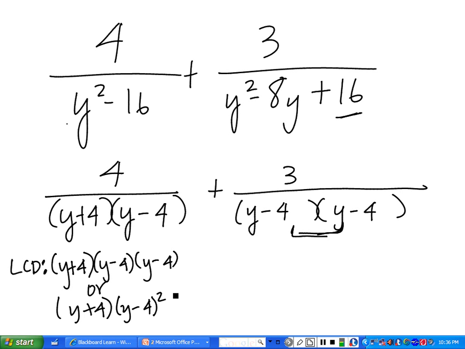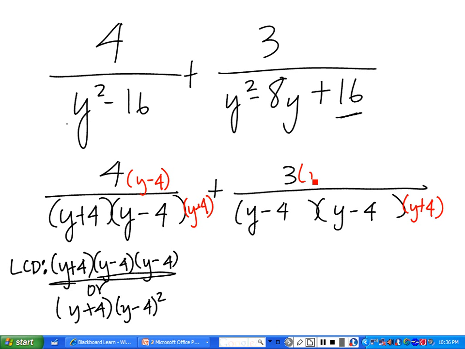Again, on the left side, if we look at the LCD, what am I missing? I am missing another y minus 4, so we must multiply this side by another y minus 4. On this side, I have the 2 y minus 4s, but I'm missing the y plus 4, so I need to multiply that side by y plus 4.